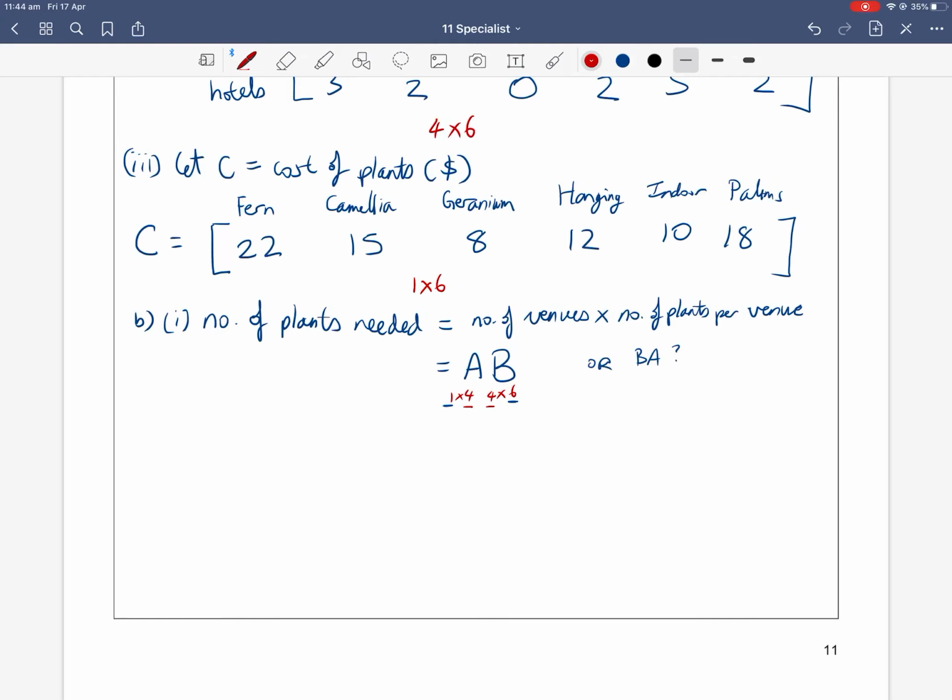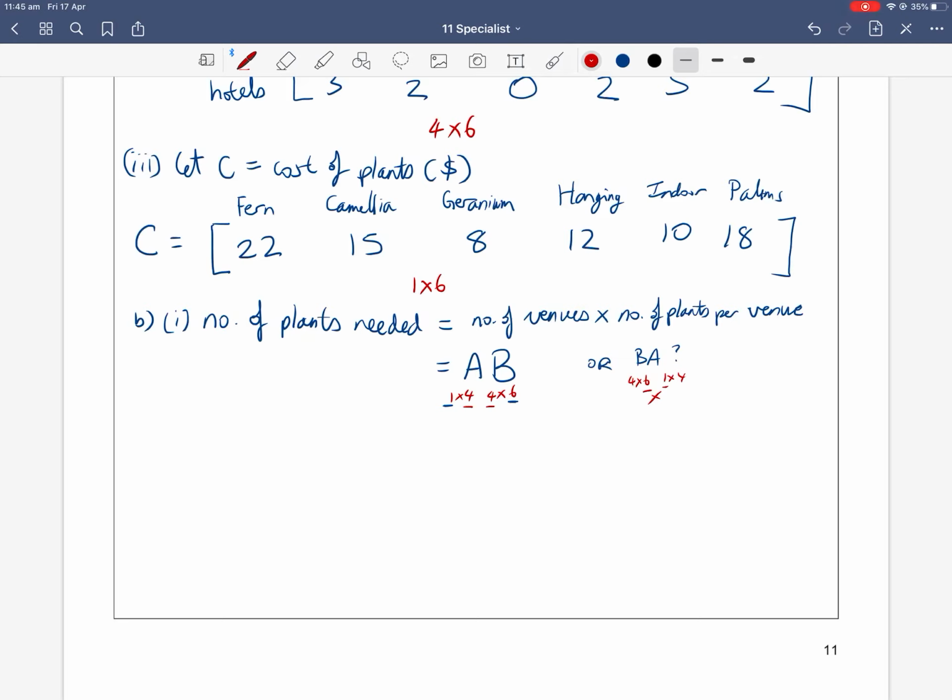Am I expecting a 1 by 6 answer? Well, yeah, because I have 6 plants in total, and a 1 by 6 should give me 6 for the 6 plants, and 1 is the total number involved. On the other hand, if you consider B times A, B is a 4 by 6, and then A is a 1 by 4. This itself won't work because the inside numbers won't match up, right? So dimension-wise, we know we want A times B, not B times A.